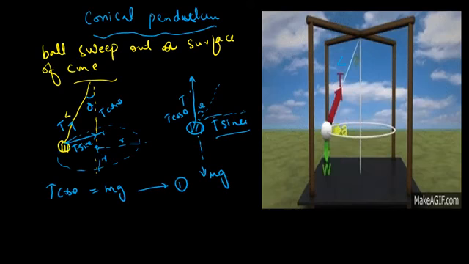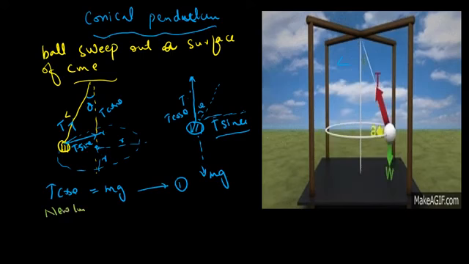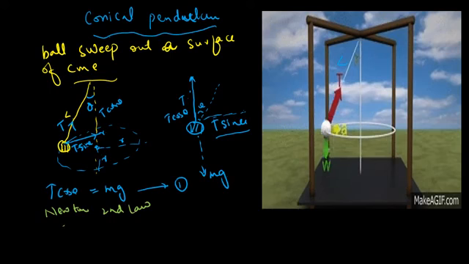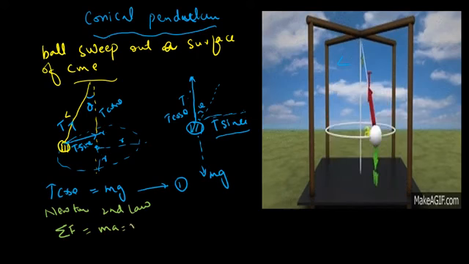Secondly, by applying Newton's second law of motion, the sum of the forces equals ma. The body is moving in a circular path, so the force is the T sin theta component.